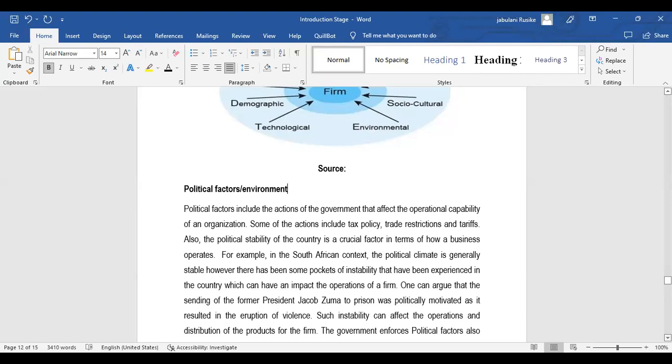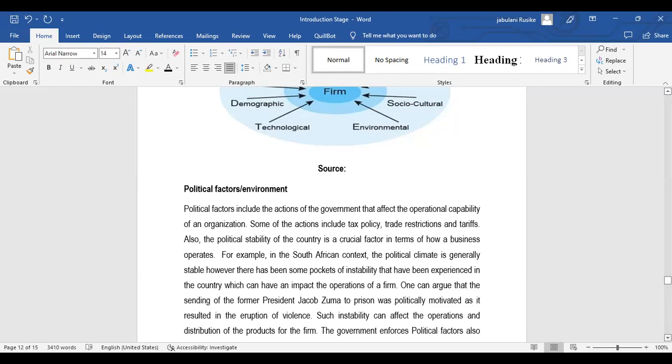So when you have this kind of a question, I always prefer to use some examples, especially those that I read in the newspapers or that I watch on the news and stuff. So I've defined political factors as actions of the government that affect the operational capability of the organization. And I've given you examples of those actions, which is your tax policy, trade, there are many of them.